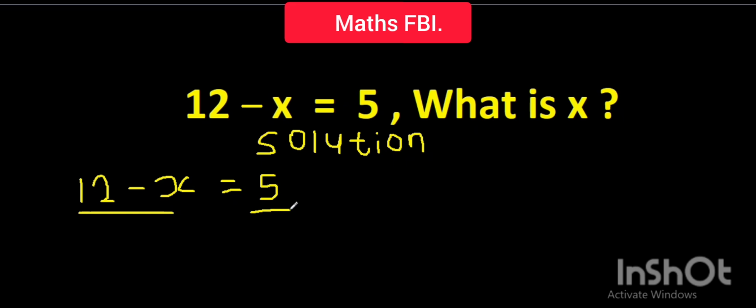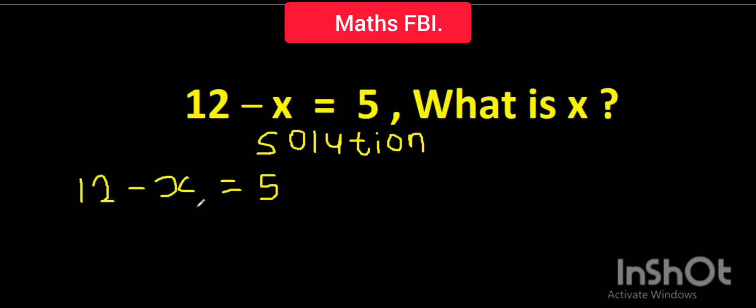12 and 5 are like terms because they are known numbers. The unknown is x here. Usually in any open sentence question, there's always an unknown.